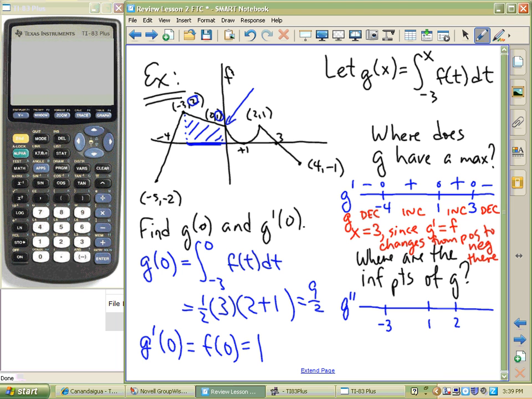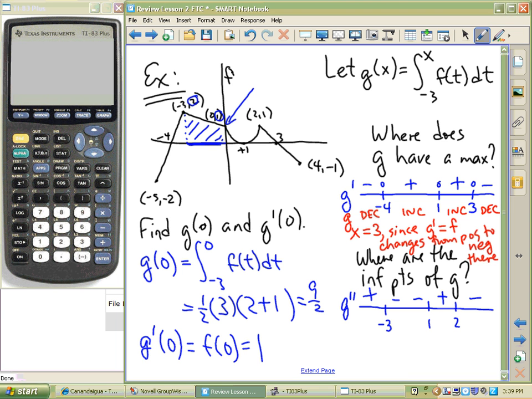From -5 to -3, f is increasing, so G prime is increasing, so G double prime is positive. And then f is decreasing for a while, and it's still decreasing for a while, and then it's increasing for a while, and then it's decreasing for a while.